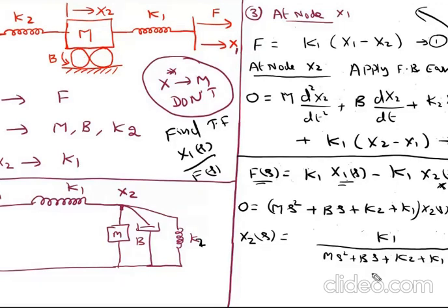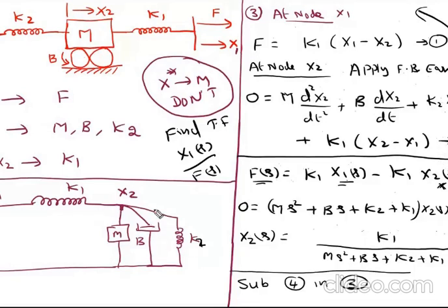Now the final answer you are going to get by substituting. So the next step is to substitute 4 in 3. If you substitute 4 in 3, then in the x2 place x1 comes. Then rearrange the terms and you will get the final answer.